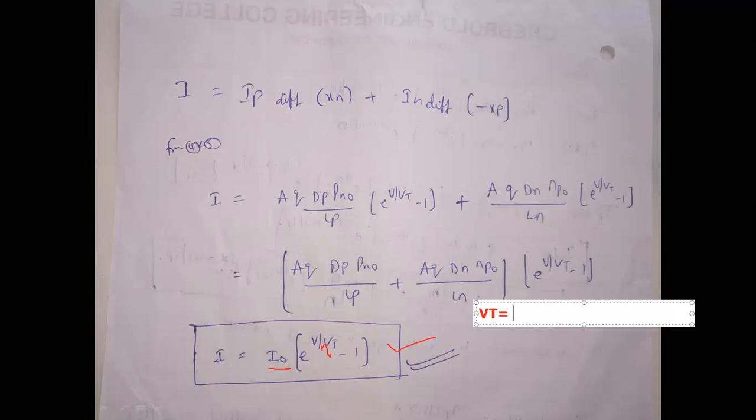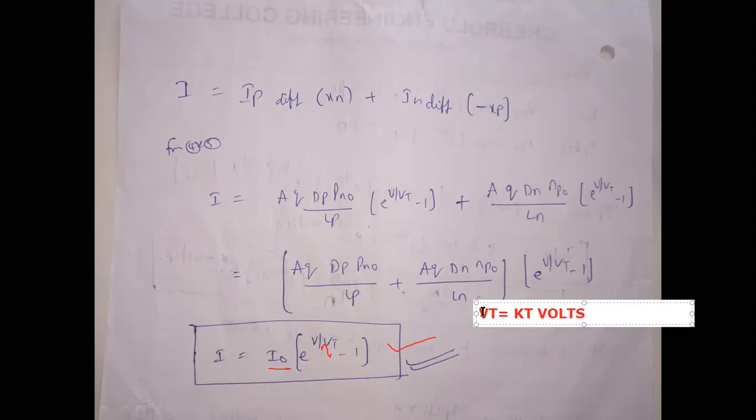Since Vt is a thermal voltage, it is the voltage which occurs due to rising temperature.